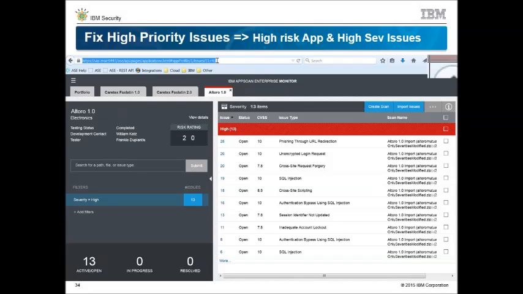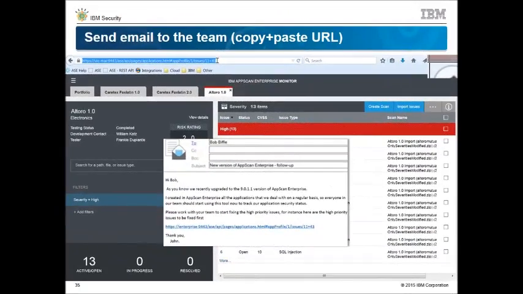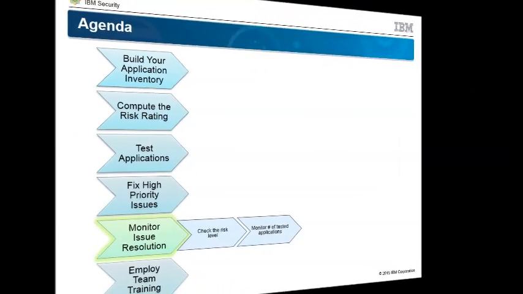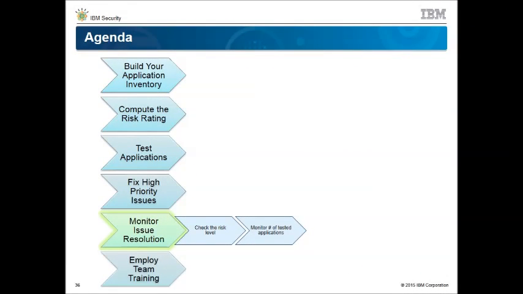All you need to do is to copy paste the URL and send it in an email. Or you want to bookmark it. You can bookmark it and you can come back and we'll know exactly how to re-show the exact filter and all the issues there that are applied. So in this example, I'm just sending an email to the team. Also through that, you can start monitoring the issue resolution.